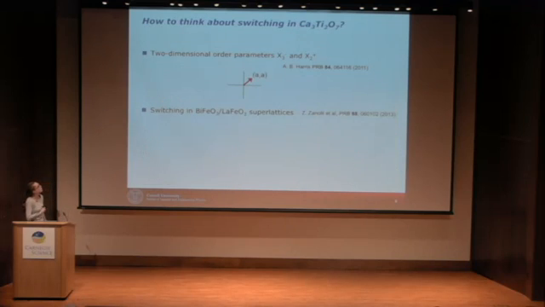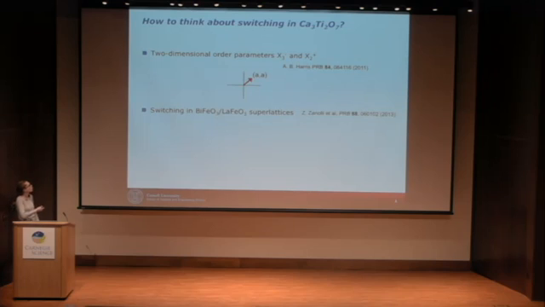So this brings me to the main focus of this talk, which is thinking about polarization switching in calcium titanate 327. Since polarization switching is a very complex topic, I need to tell you how we're going to approach it. We'll be using some group theory and first principles calculations to look at intrinsic energy barriers for polarization switching in this system.